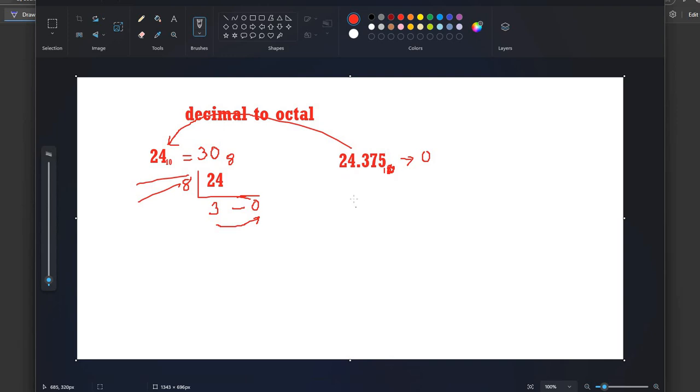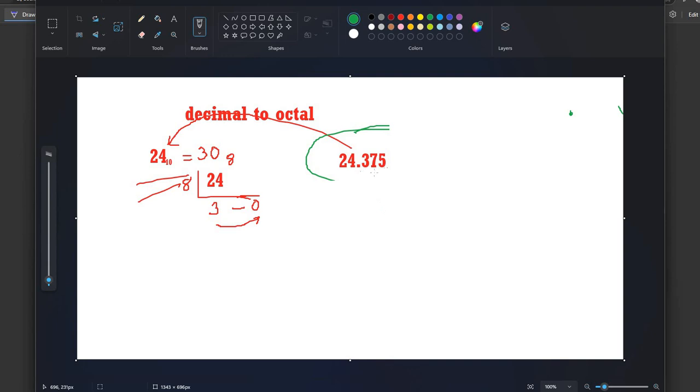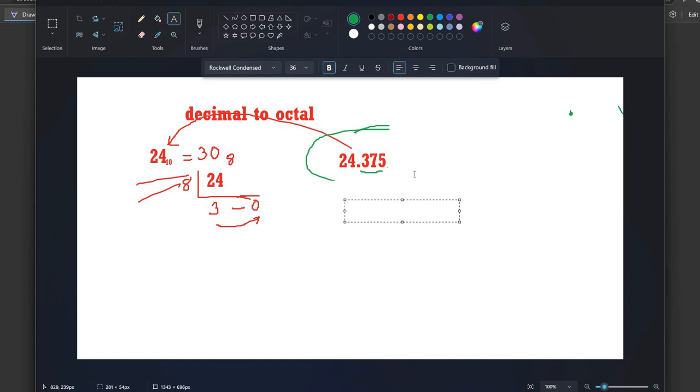For the second part, like you did in the conversion of decimal to binary, you have to multiply it by 8. For this fractional part, you write 0.375 into 8, equal to how much? It will be 3.